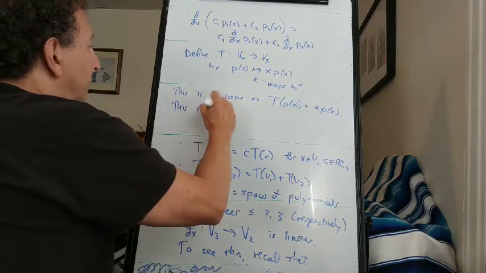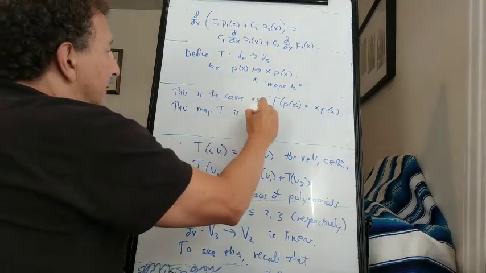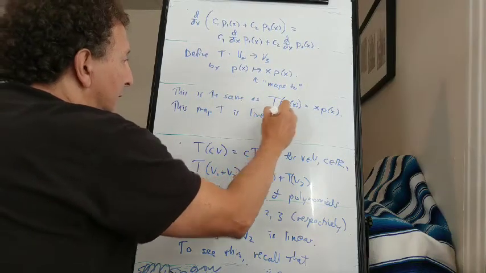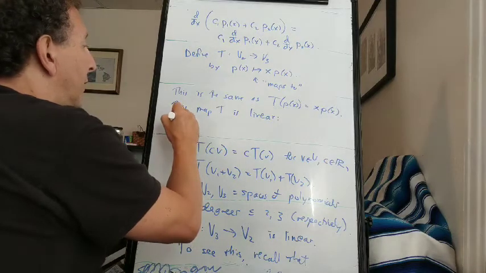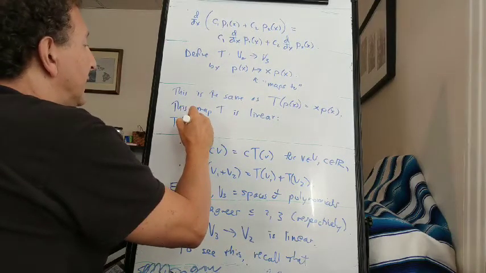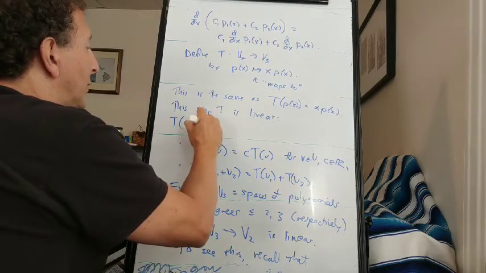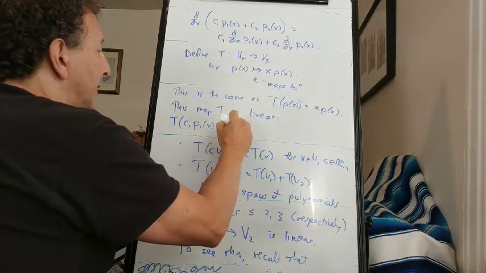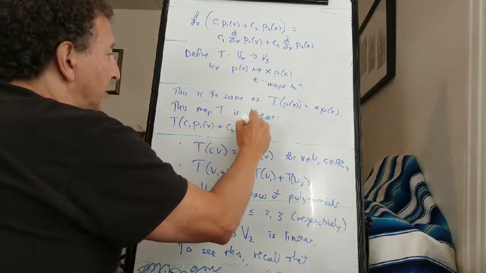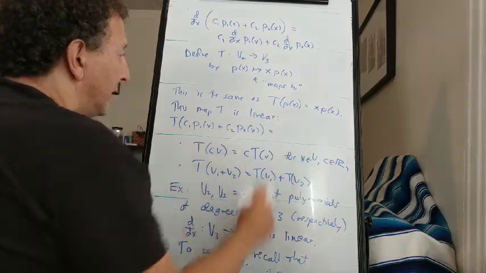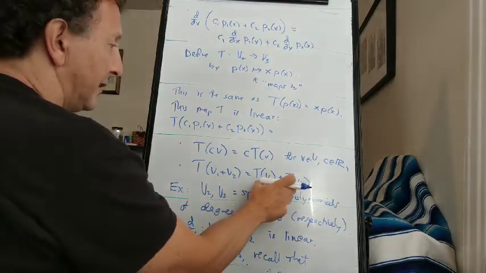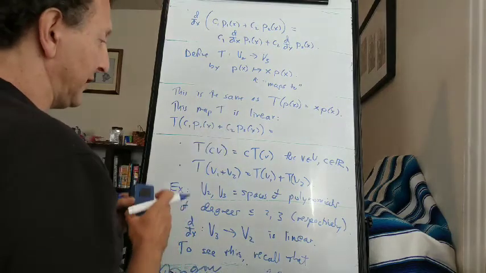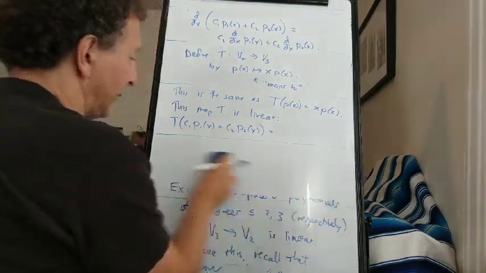So this map T is linear, and to see this we'll take a linear combination c1 p1 of x and c2 p2 of x, and we can apply T to the polynomial separately and see if we get the same thing.